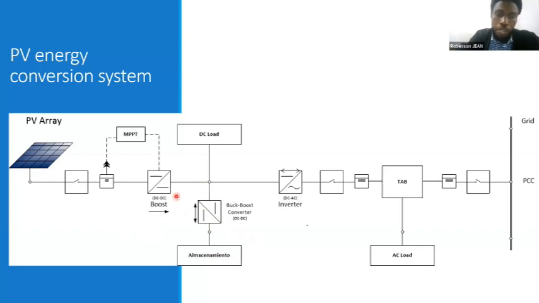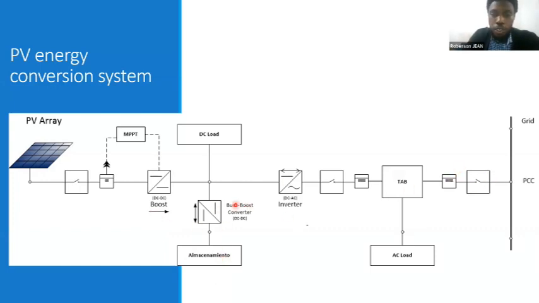When we are going to store energy, we are going to lower the voltage with the buck mode, the buck side. And when we are going to provide energy to help the solar power plant, when the available irradiation is not high, we are going to use the stored energy to supply the system.